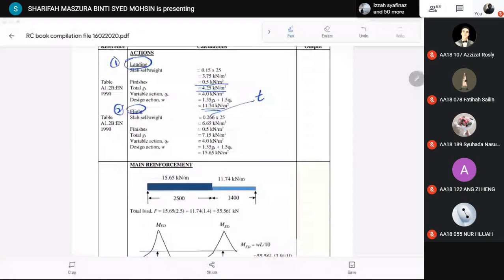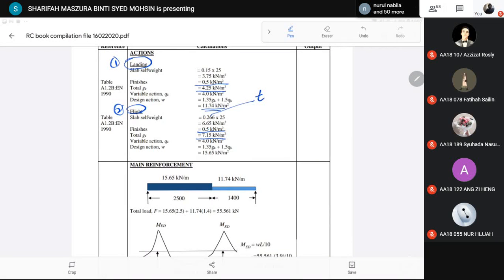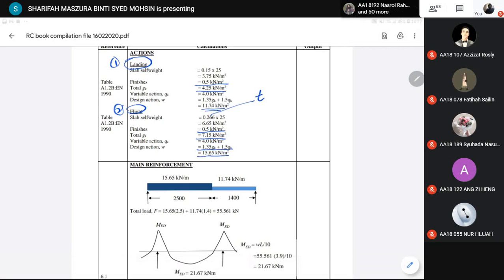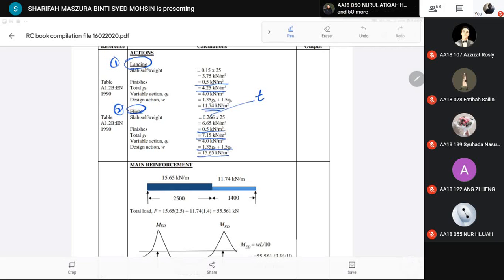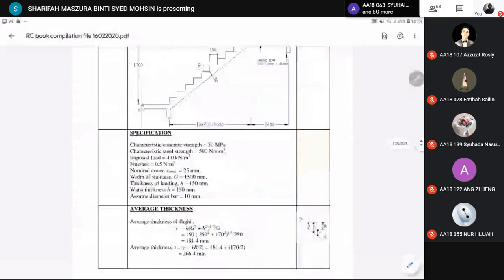We get 6.65 kilonewton per meter square, plus finishes, so we get 7.15. 1.35 Gk plus 1.5 Qk, we get a total of 15.65 kilonewton per meter square. So we have two different loadings on the staircase. One is for the flight, another one is for the landing. Okay, so the flight span, based on the figure here.